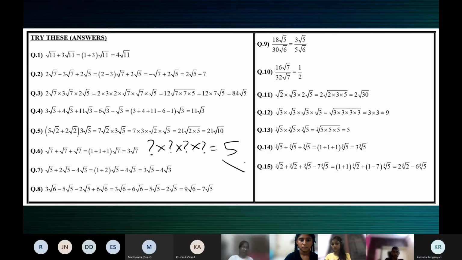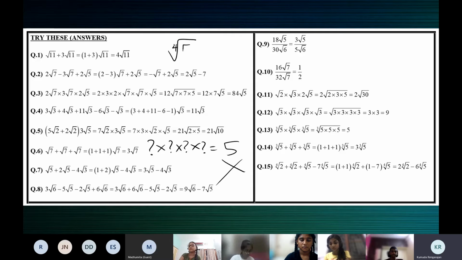And we know there is no such number. 1 into 1 into 1 into 1 is 1. 2 four times is 16. 3 four times is 81. So the value of fourth root of 5 is a non-terminating, non-repeating decimal.